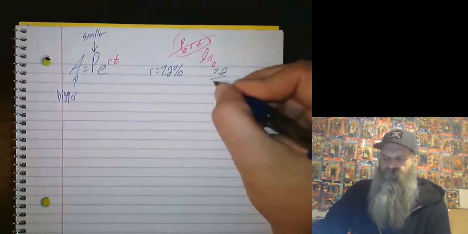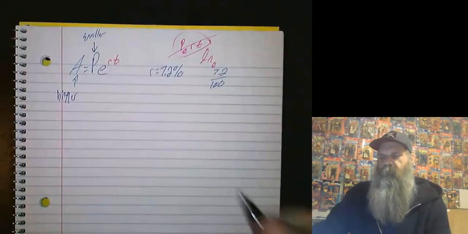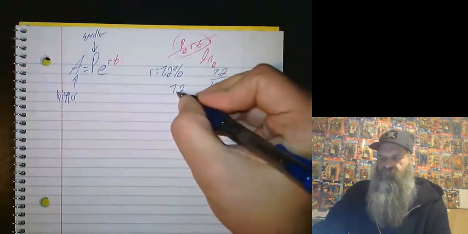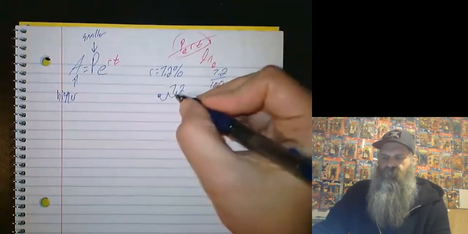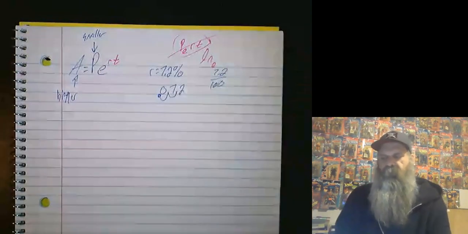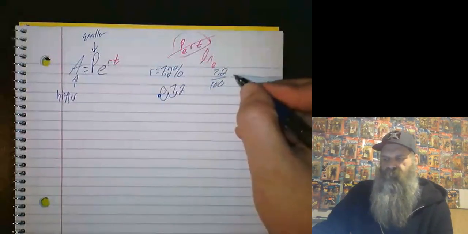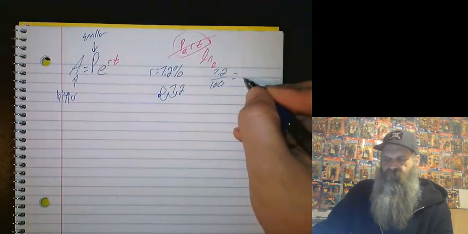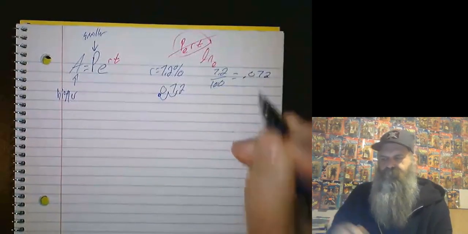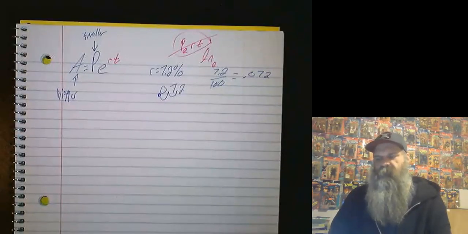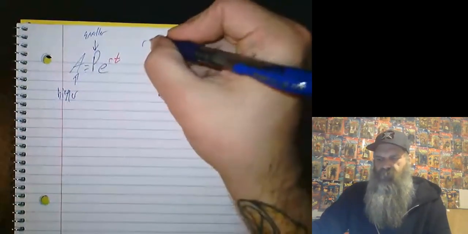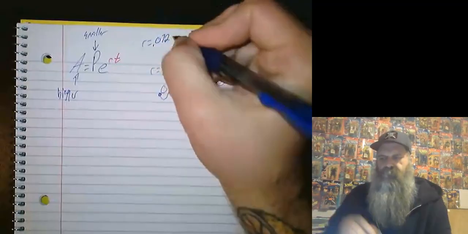Either divide it by 100 or move the decimal back twice. If we move it back twice, we create a gap. We fill it with a 0. Or 7.2 divided by 100 is 0.072. So that's the rate that we will plug in, 0.072.